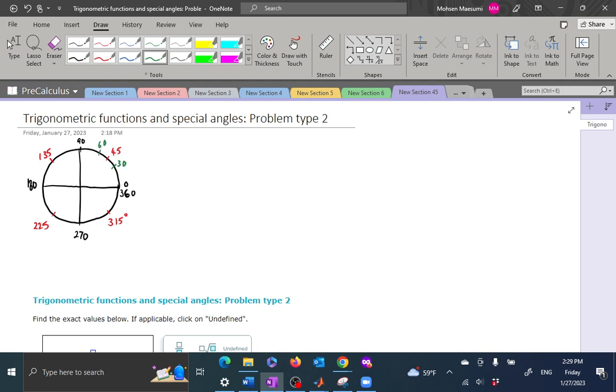and 60, and then 120, 150, 210, and 240, then you have 300 and 330.